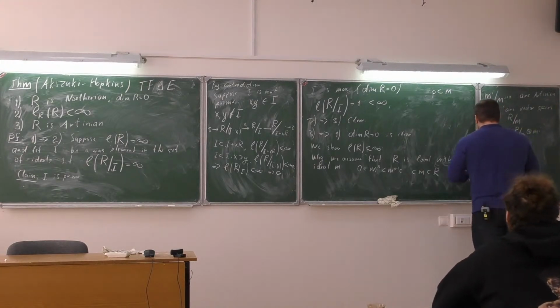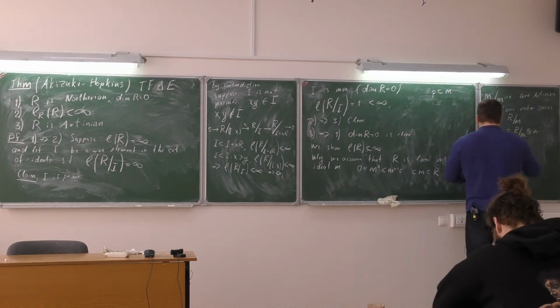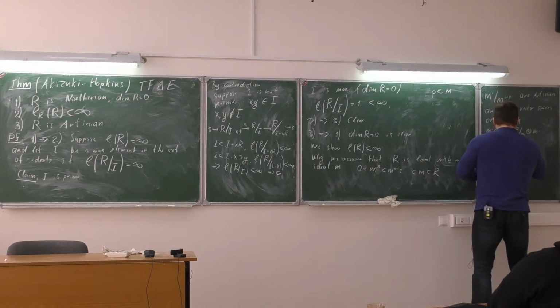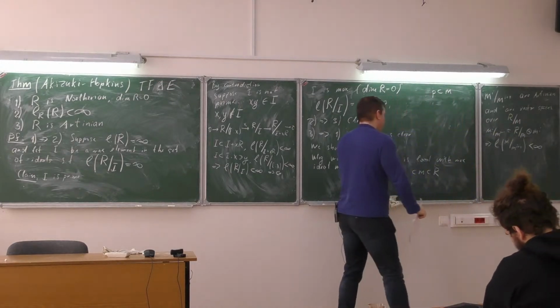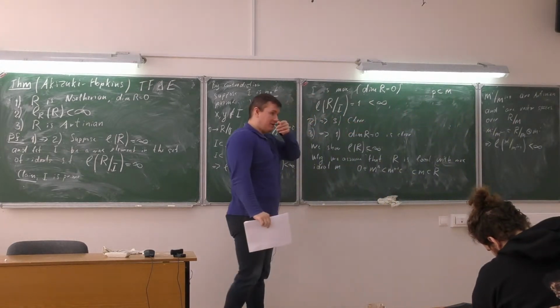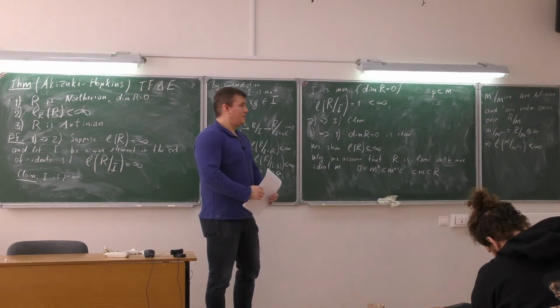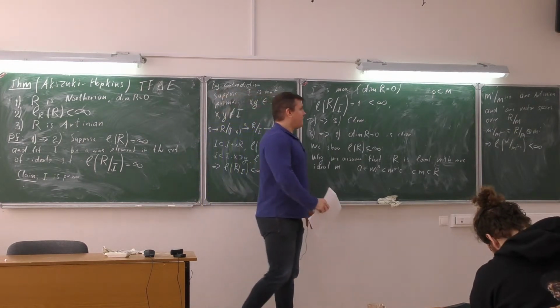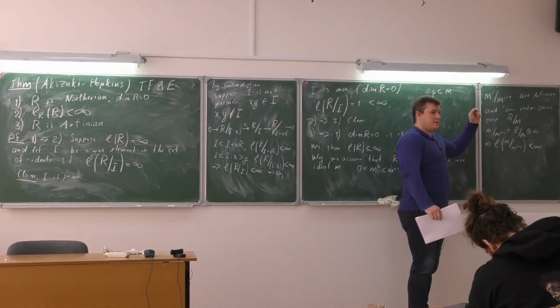So then I can conclude if this is a finite dimensional vector space, then the length of this thing is finite. Well, you get a vector space, and this vector space is Artinian.